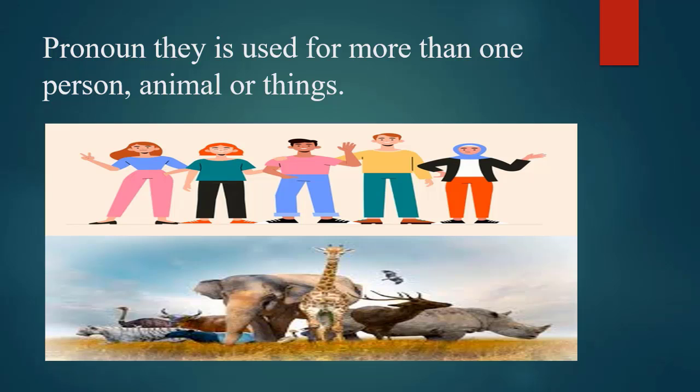Dear students, जैसा कि आप देख सकते हैं इस सेंटेंस में एक से ज़्यादा लोगों की बात हो रही है तो हम प्रोनाउन they यूज़ करेंगे. There are different animals in the picture and they are standing. इसी तरह इस सेंटेंस में एक से ज़्यादा एनिमल्स की बात हो रही है तो हम प्रोनाउन they यूज़ करेंगे.